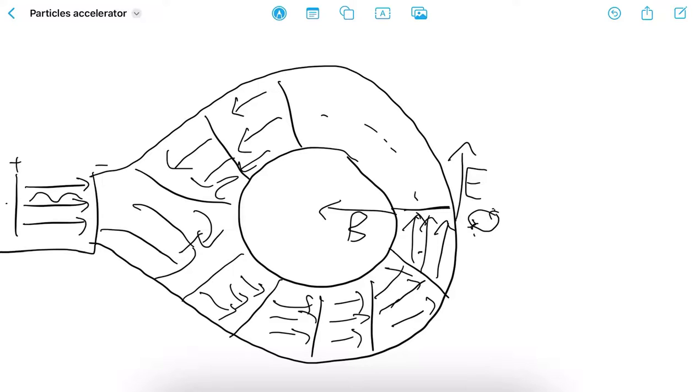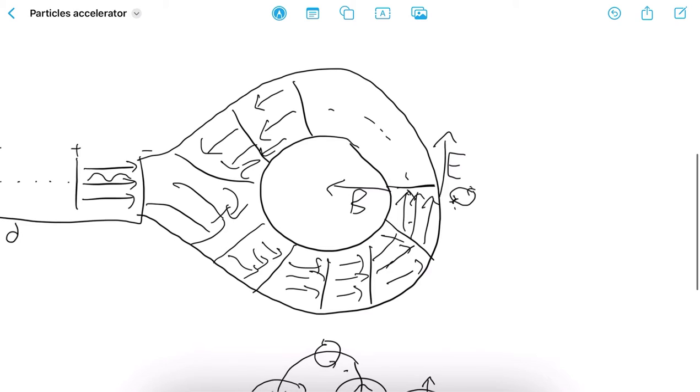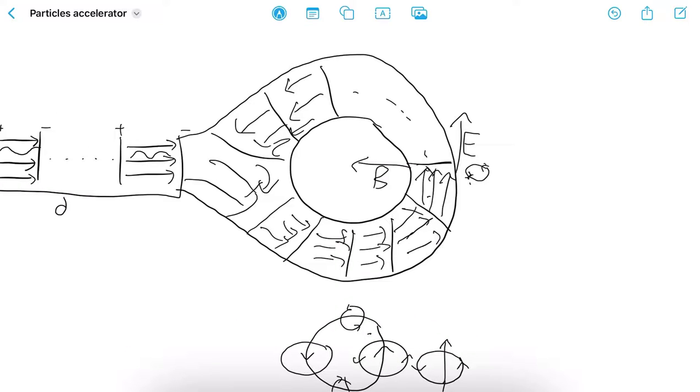How can we make the protons travel even faster, if you may ask? If you remember, the acceleration in a circular motion is proportional to the square of the velocity, but inversely proportional to the radius of the circle.